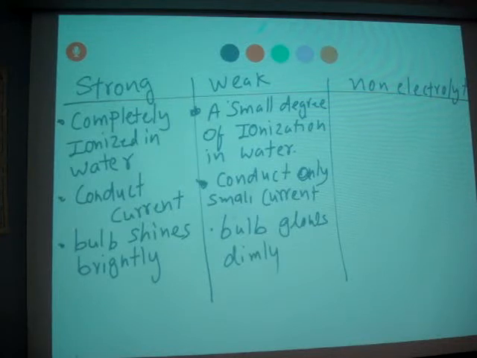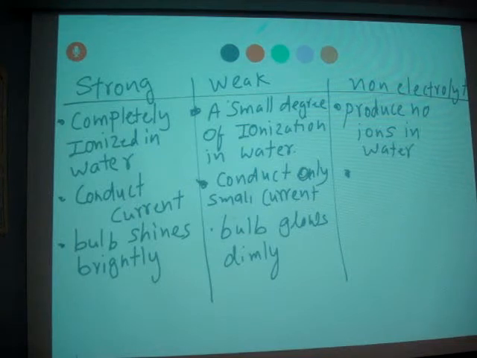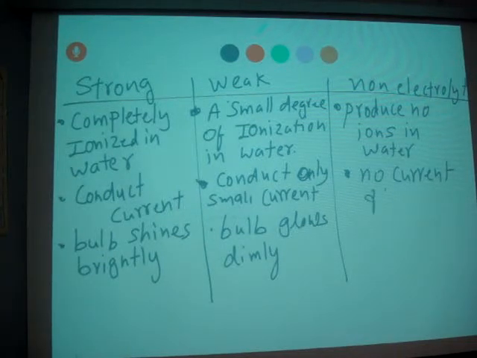For a non-electrolyte, it produces no ions in water, and no current flows, and the bulb remains unlit.